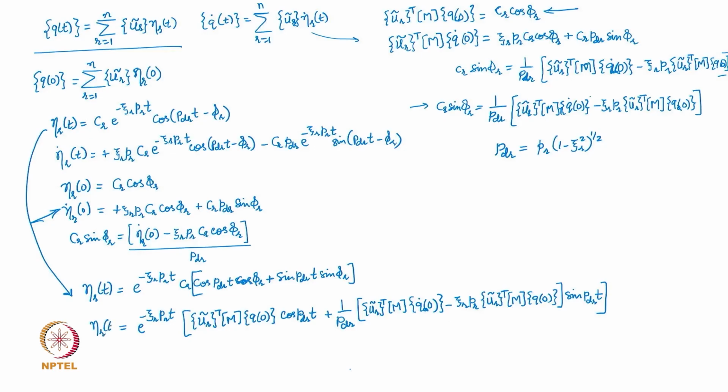And once you do that, we have one last thing to do, which is to write q(t) in the form of this matrix equation, and you can replace eta_r(t) completely here, which I am not going to write, and it is simply going to be multiplied by u_r(t). That is basically your final response of a damped vibratory system.